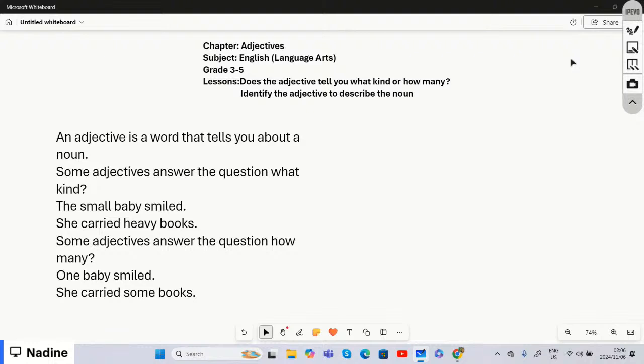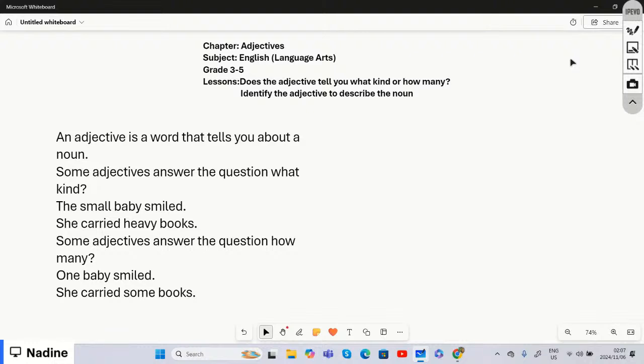All right. So we said an adjective is a word that tells you about the noun, or we can say it describes the noun, or we can say it modifies the noun. Remember, a noun is basically words like names of people, places, animals, or things.